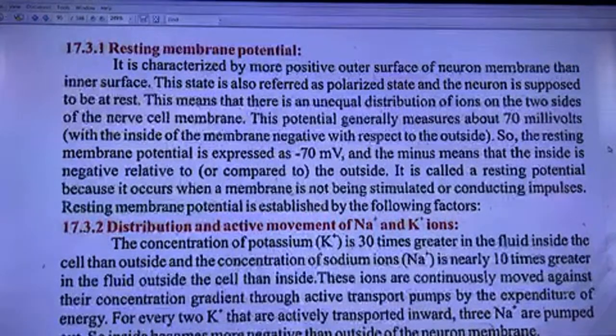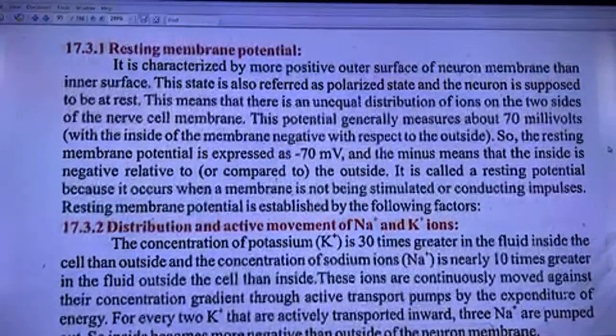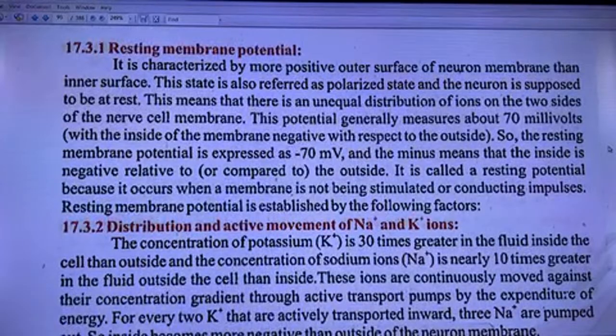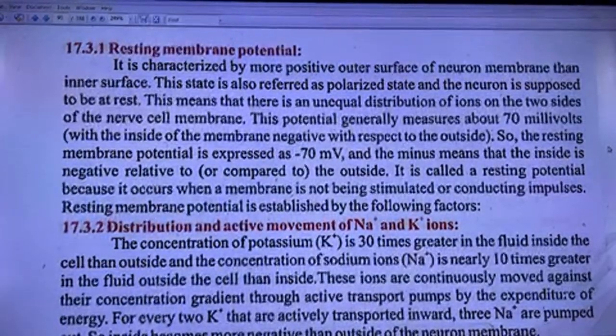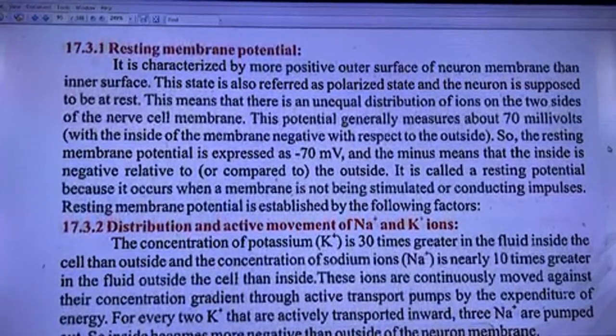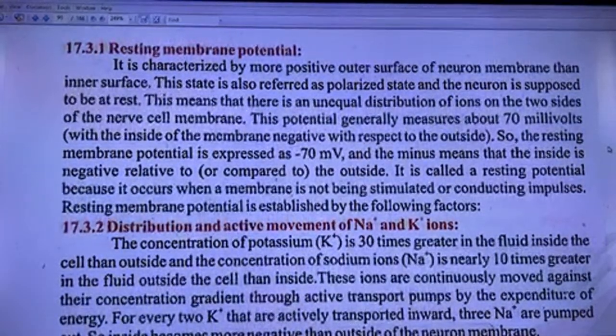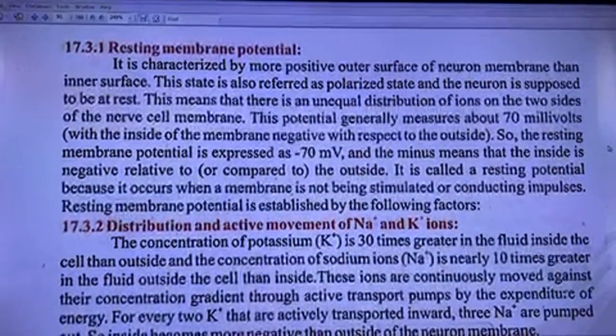This potential generally measures about 70 millivolts, with the inside of the membrane negative with respect to the outside. So the resting membrane potential is expressed as minus 70 mV, and the minus means that the inside is negative relative to, or compared to, the outside. It is called resting potential because it occurs when a membrane is not being stimulated or conducting impulses.